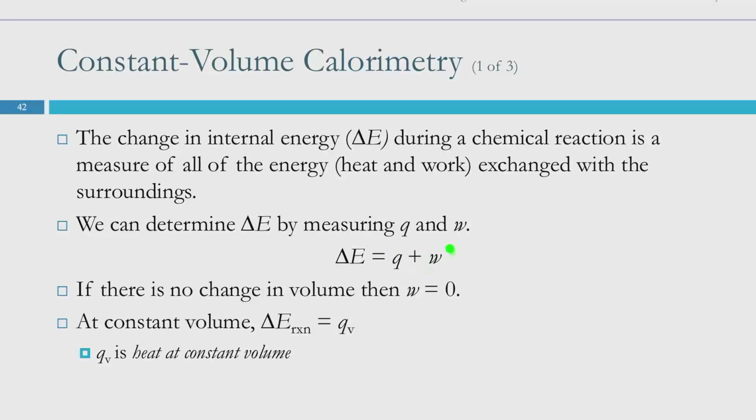With our work, we only know about pressure volume work. And so the work here depends on volume changing. If volume doesn't change, if delta V is 0, then work equals 0.